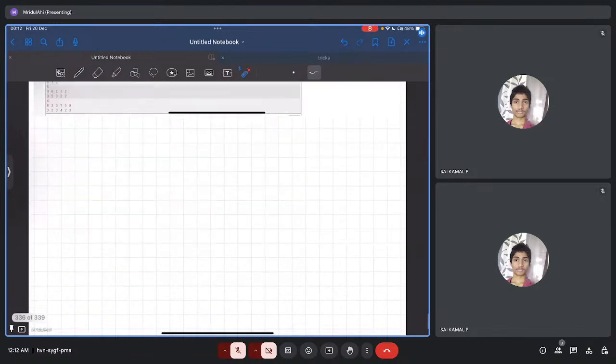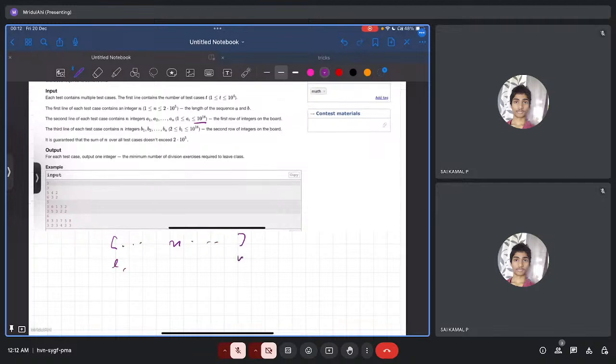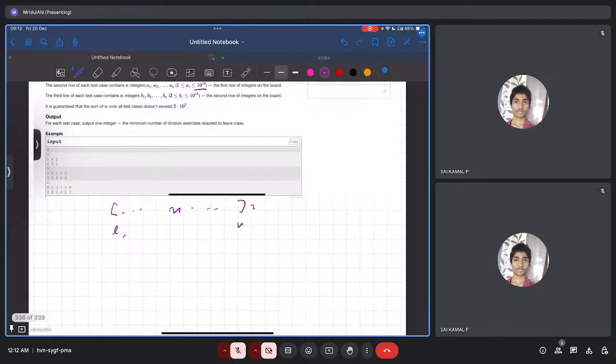Next, we observe that if there is an element x and it is the minimum, consider the maximal subarray L comma R such that x at R plus 1 and x at L minus 1 are both less than or equal to x.